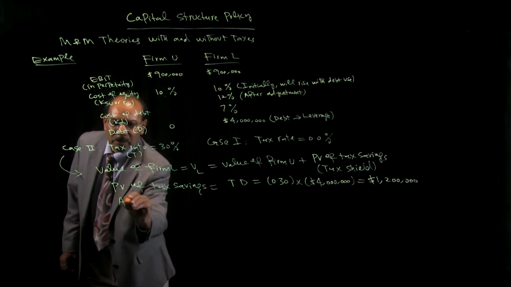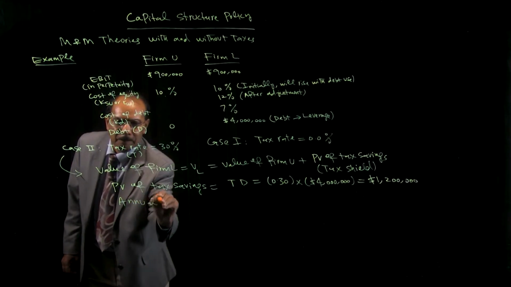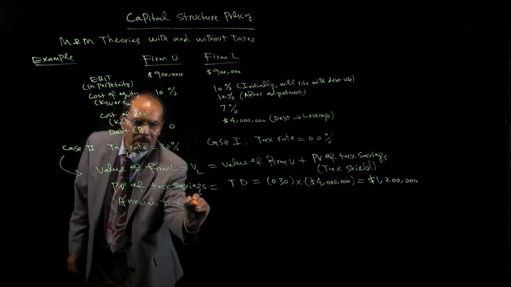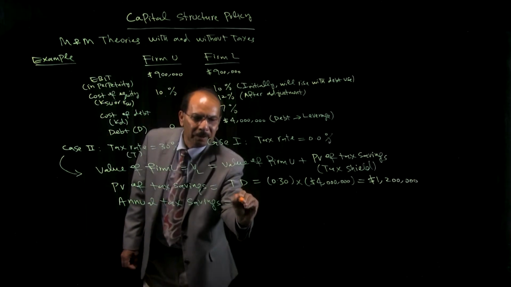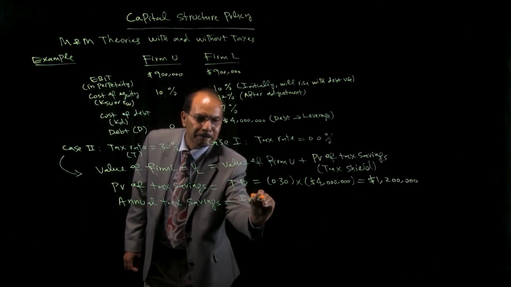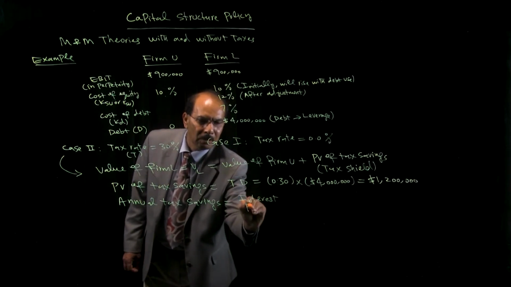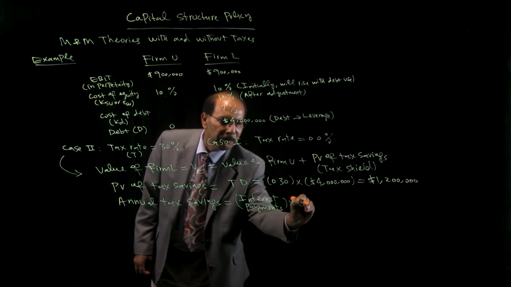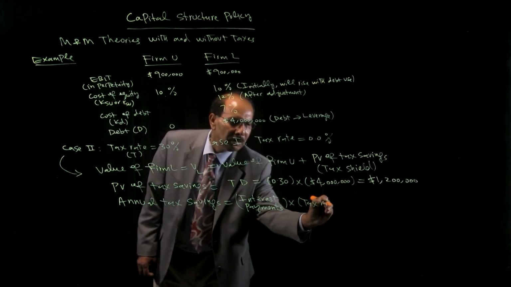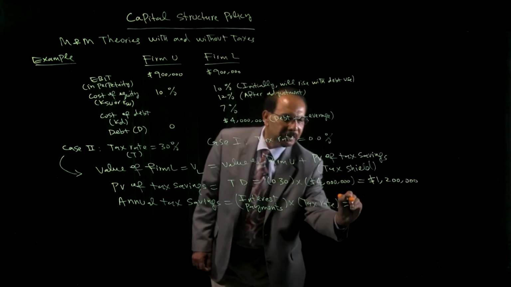What are going to be the annual tax savings? Well, that's going to be the interest payments times the tax rate. So we can write it as follows.